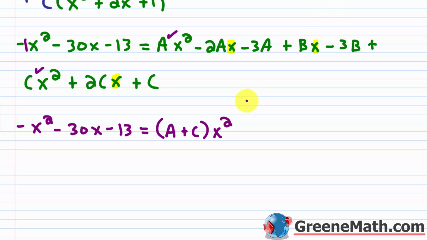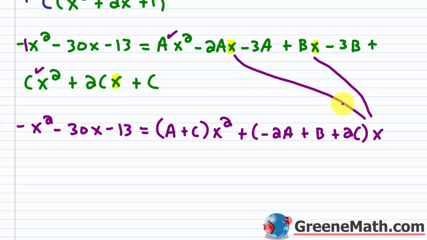So we would do plus negative 2a, and then plus b, and then plus 2c, times x. Again, all I'm doing is taking these terms and writing them next to each other. I'm just factoring the x out. The x is pulled out in each case, and it's outside of a set of parentheses. That's all I'm doing. Then I'm going to continue this down here.